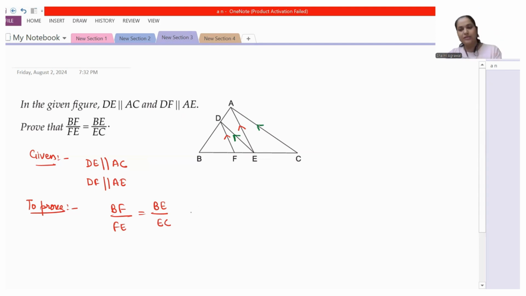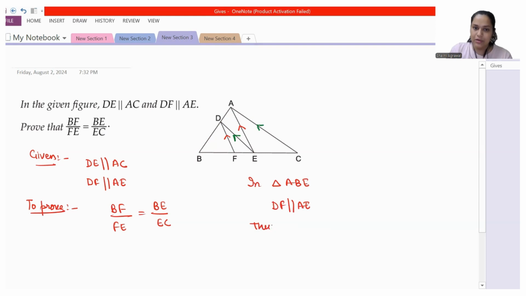Now I'll begin the solution. First of all, take the triangle in which the two parallel sides are there. For example, if I take this triangle ABE, can you see this? Triangle ABE? In this triangle ABE, I have DF parallel to AE.